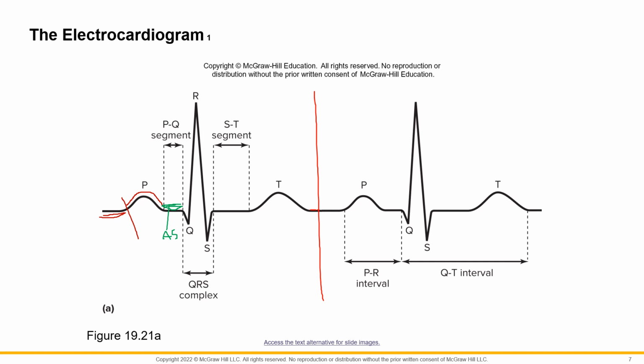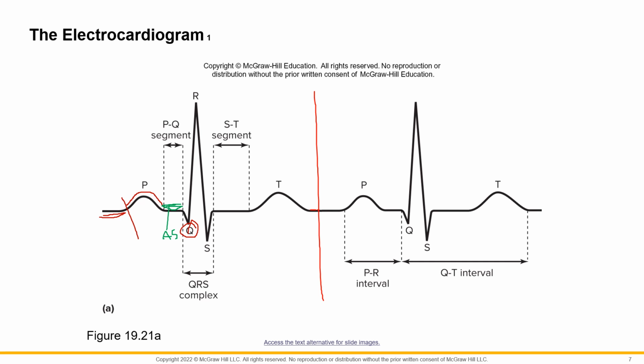So right here at the beginning of the QRS complex, this represents your atrioventricular node depolarizing, followed by that depolarization spreading down the atrioventricular bundle or the bundle of His, and your ventricles as a result getting depolarized.